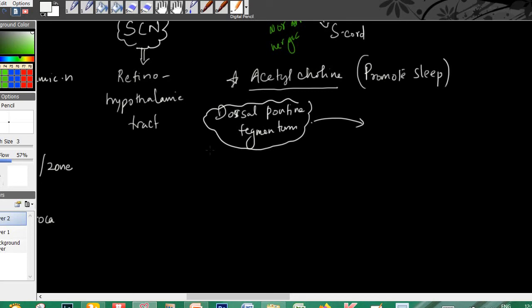And the next chemical is adenosine. Adenosine also promotes sleep.